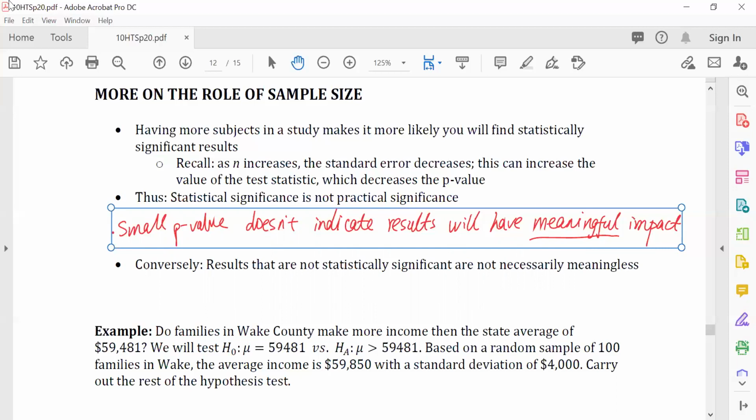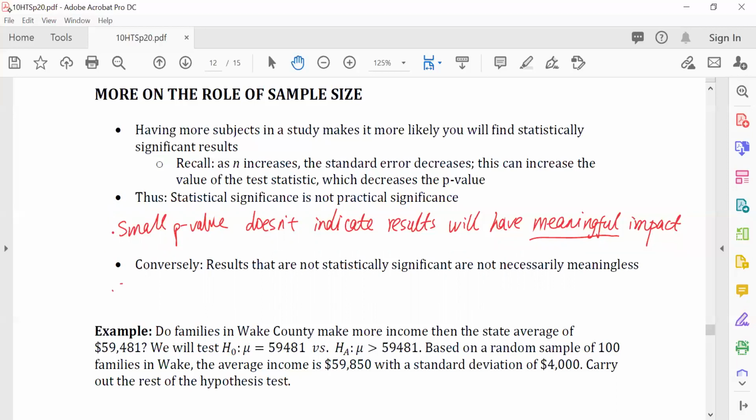A non-significant result does not necessarily mean it's meaningless, and very likely you may just not have enough power to detect the effect.